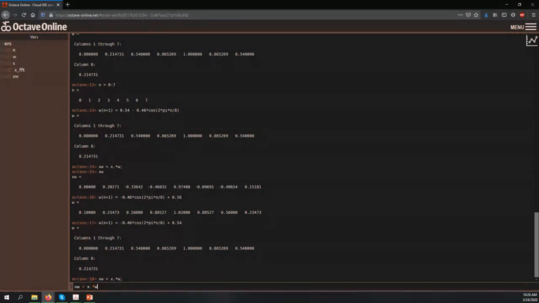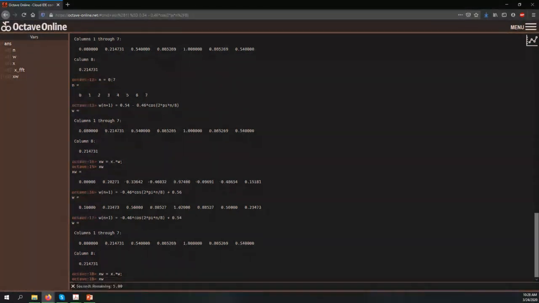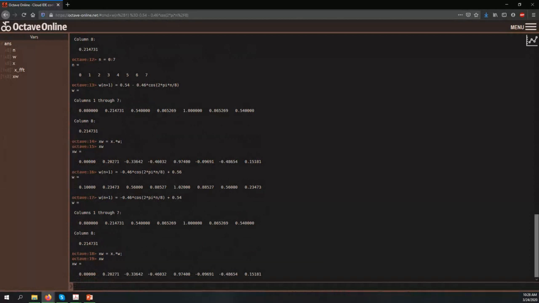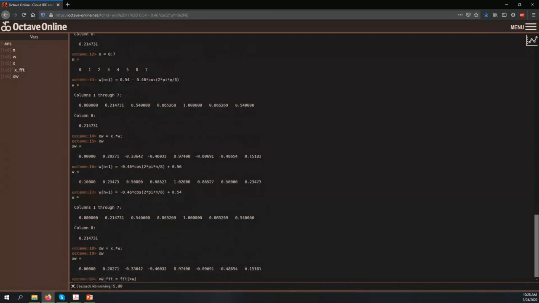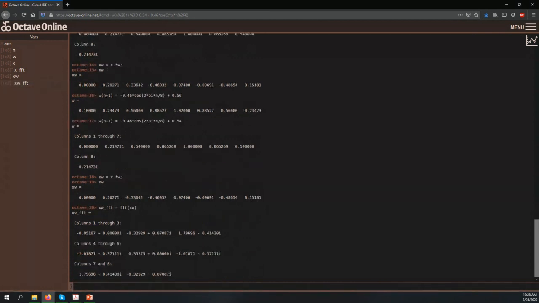And xw, which is our result, will give us the compilation of all the values here, if we took our original x signal and multiplied it by the window signal itself. The last step is to get the FFT of this. So I'm going to say xw underscore FFT is equal to FFT of xw. And at this point, we actually have our actual fast Fourier transform for the entire thing.